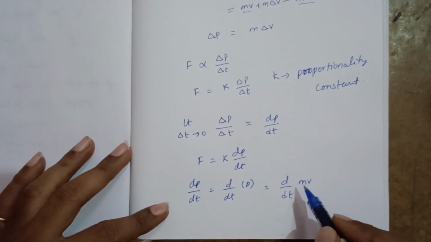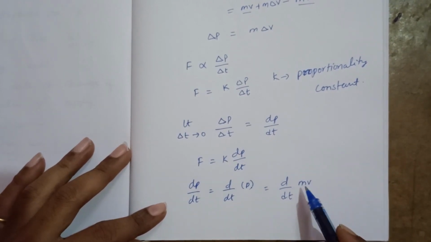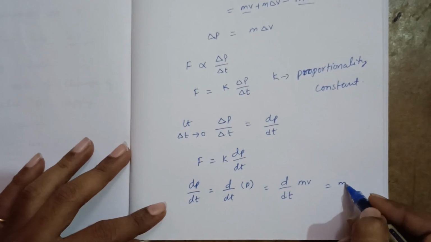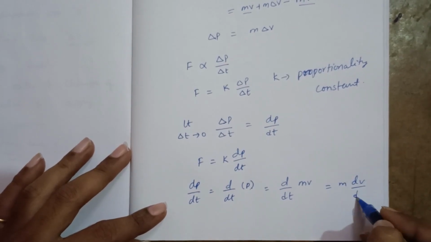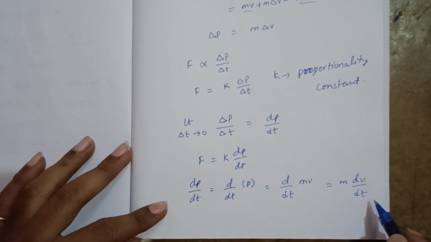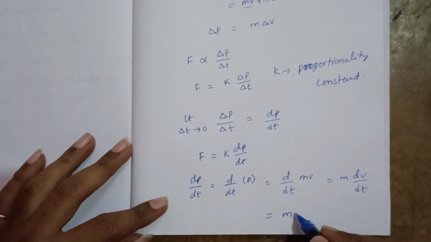The mass of the body is always constant. Initially, finally, in any situation, the mass of the body will not change. Only velocity will change. So we can write this as m into dv by dt, the differentiation of velocity with respect to time. We discussed in kinematics that dv by dt becomes a, so m into dv by dt becomes m into a.